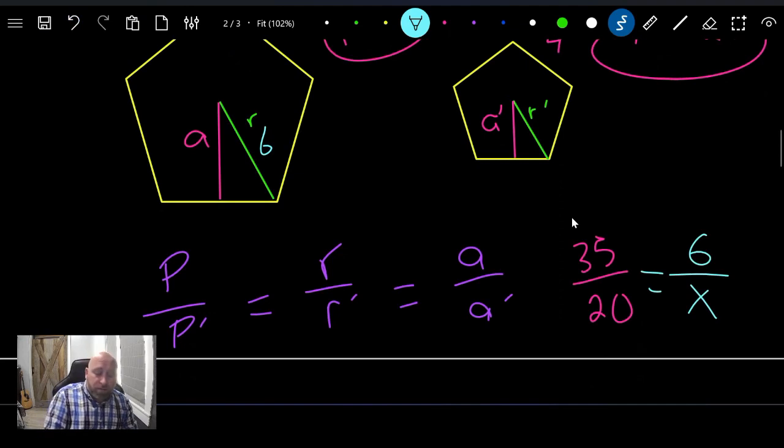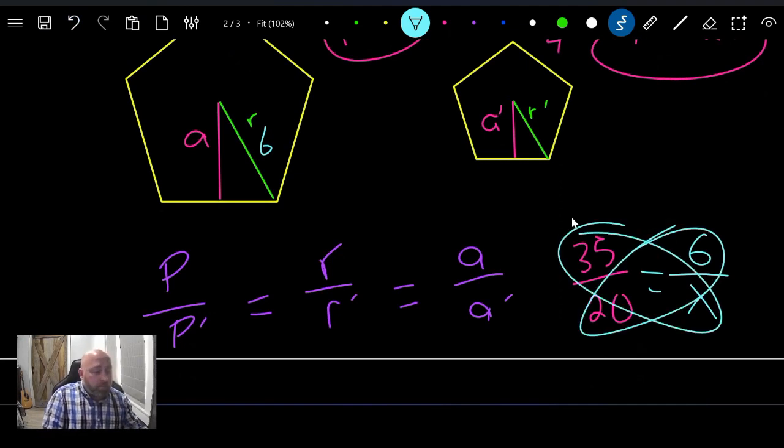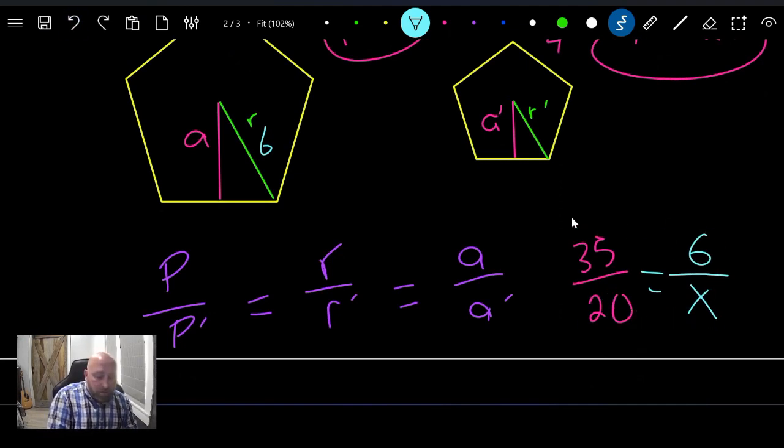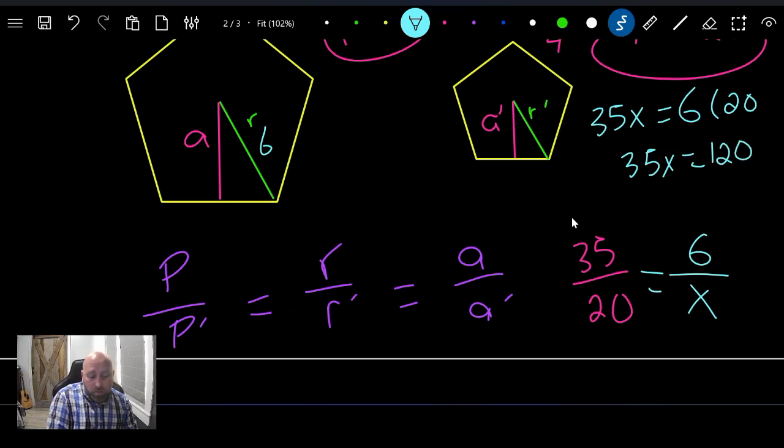So we would solve this using our proportions. How do we do that? It's 35x equals 6 times 20. So 35x equals 120. Then we would divide both sides by 35.